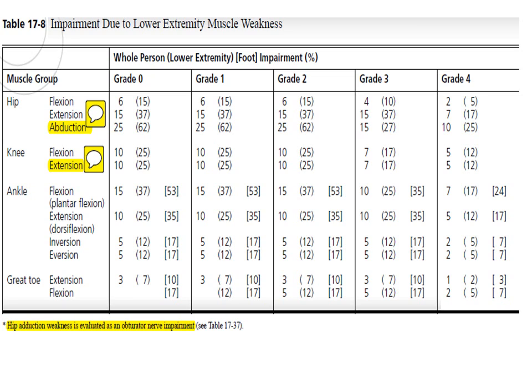Ankle plantar flexion qualifies for 7% whole person impairment for 25% or grade 4 strength of resisted ankle plantar flexion. Grade 4 hip extension qualifies for 7% whole person impairment.